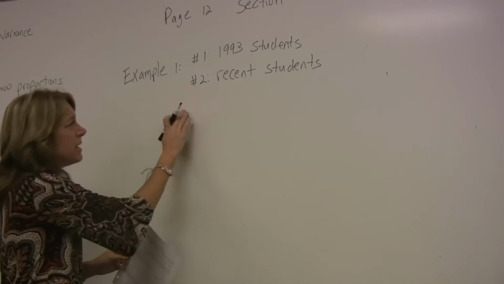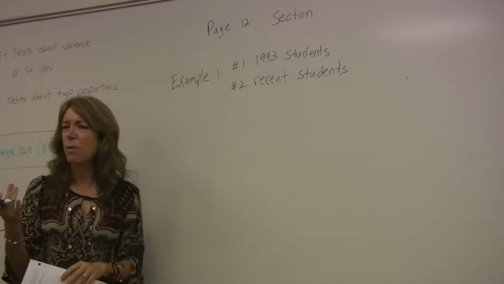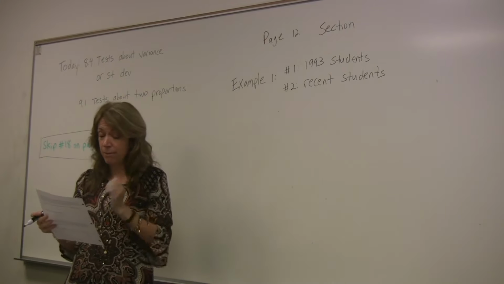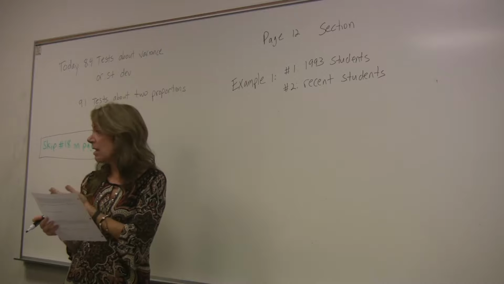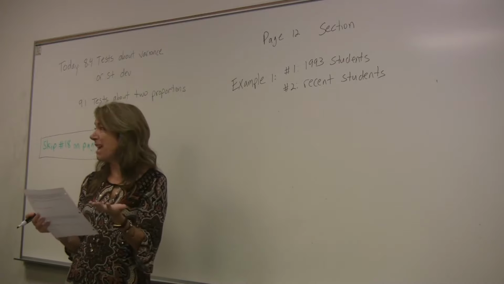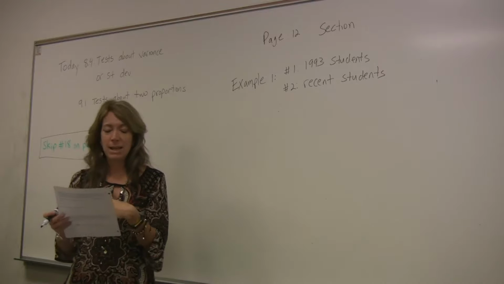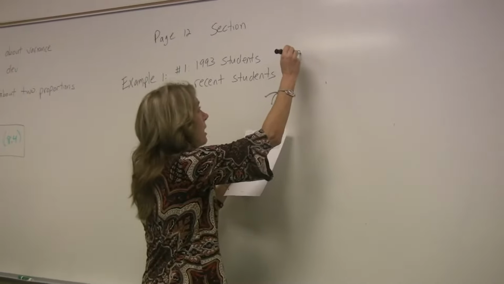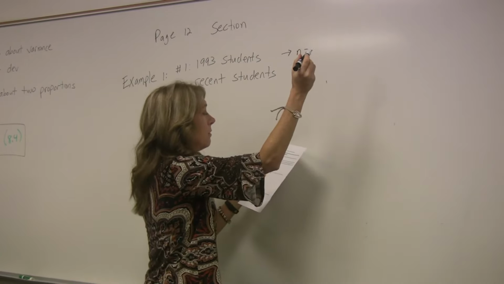Based on that, let's talk about some of the numbers that came with it. This is organizing what they tell us. What did they tell us about these 1993 people? They gave us an N and an X, right? They told me how many people and then how many said yes. So for this group, what was N? 560.